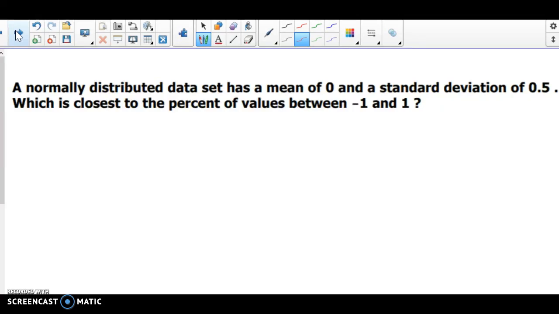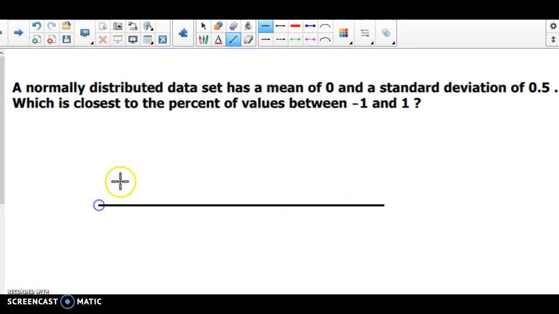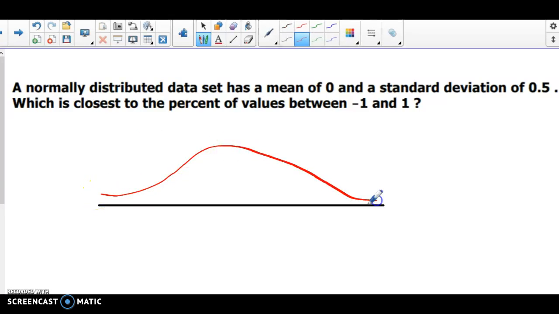Normally distributed data with the mean set. When we're looking at our standard deviation, we have our nice little line graph. And sorry about my curve. My curve's not going to be very pretty. Okay. So normally distributed. And if this is my mean, maybe I can fix this so that it does look a little bit more standard.